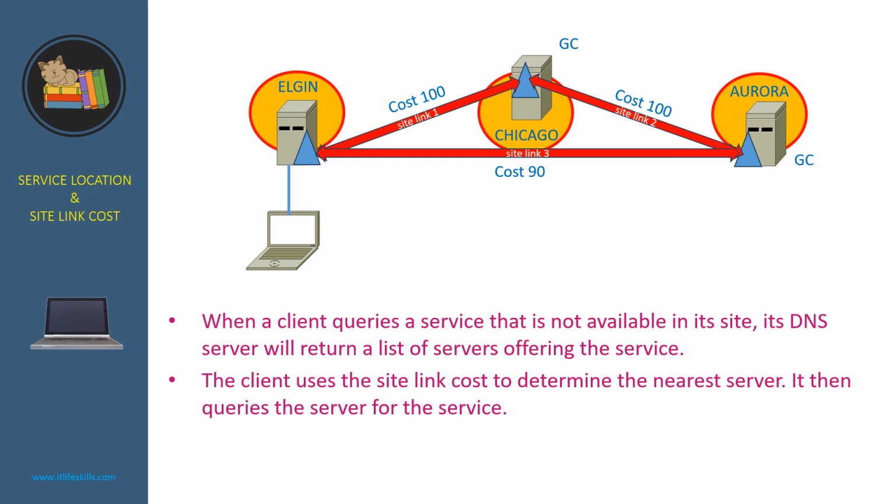As you can see, Elgin doesn't have any global catalog server, so the DNS server will return the client a list of the global catalog servers in Chicago, which has the cost of 100, and Aurora, which has the cost of 90. In this case, the client will choose to query the global catalog server in Aurora because it has a lower cost of 90.